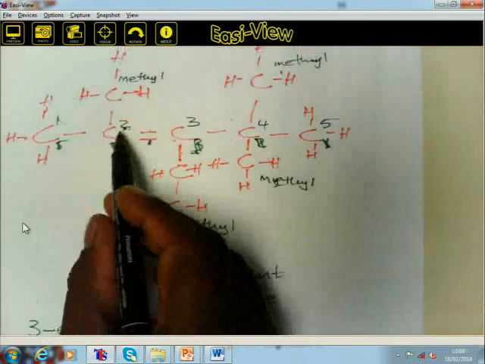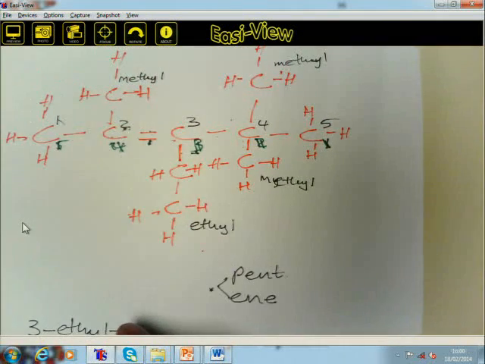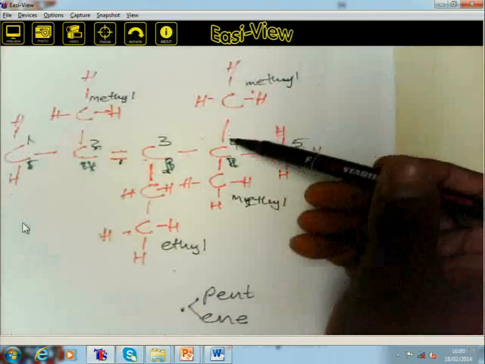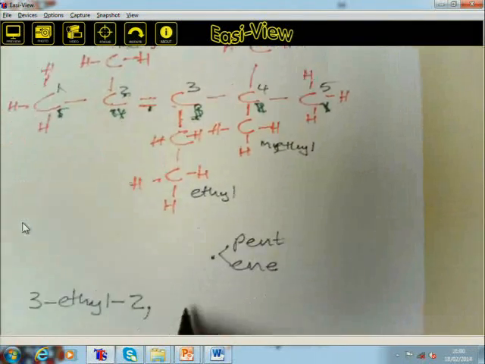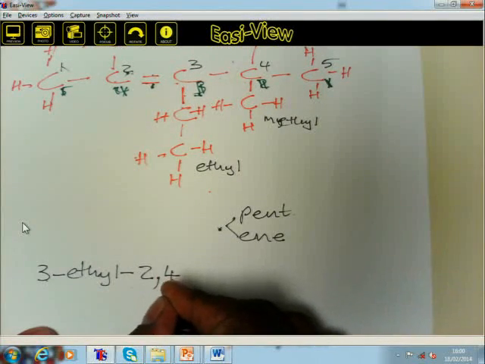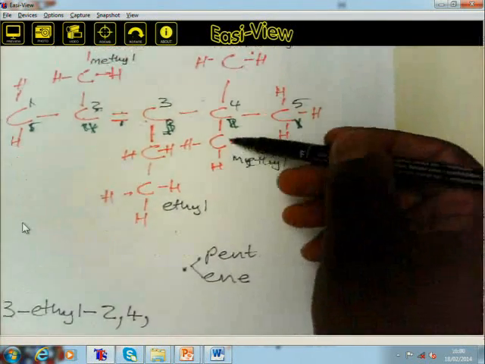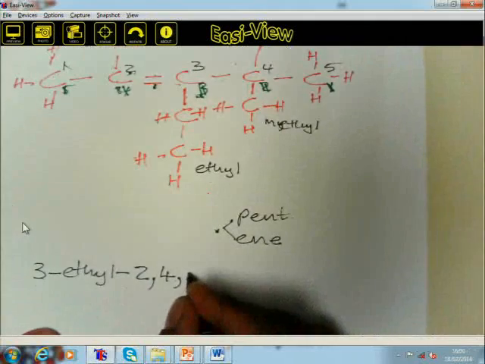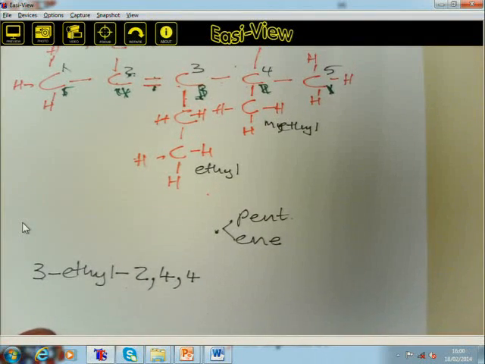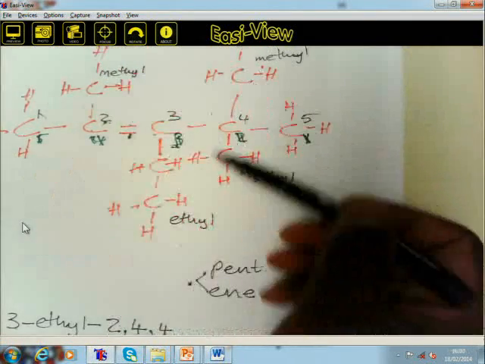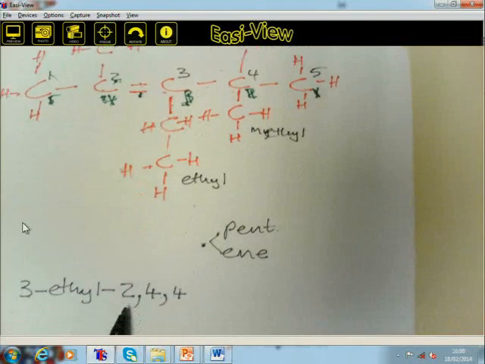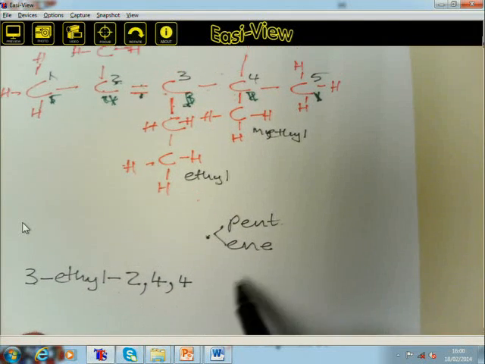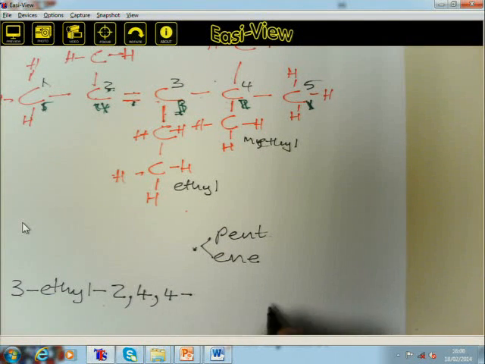At carbon number 2, again at carbon number 4, another one at carbon number 4, I've got 1, 2, 3. My numbers are also 1, 2, 3. And then I put a dash.